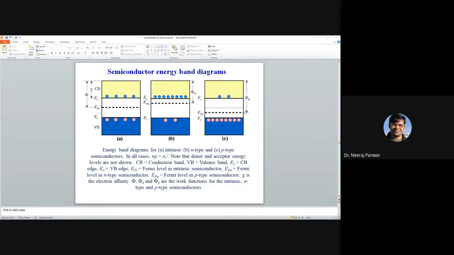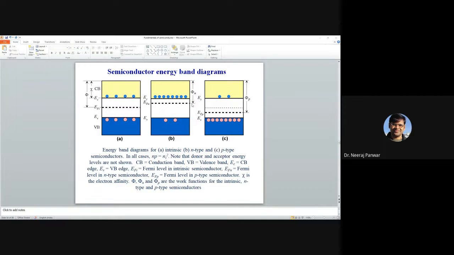So, for example, if we want to make a p-n junction device, this is the n-type semiconductor and this is the p-type semiconductor. So the difference of the work function will tell how much is the difference in the Fermi level. I told you under thermal equilibrium, there will be one Fermi level across the whole device. But you see here, there is a difference in the Fermi level.